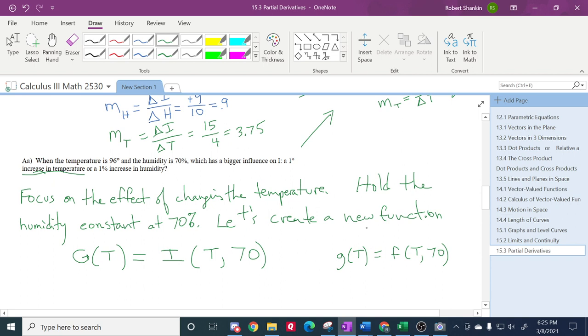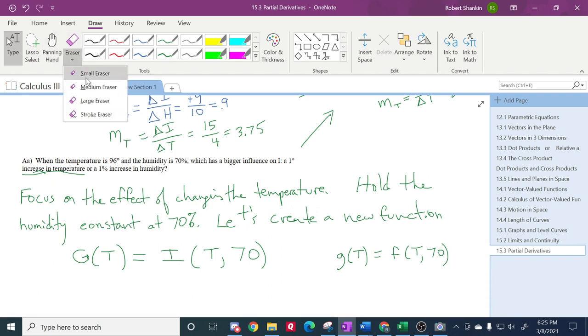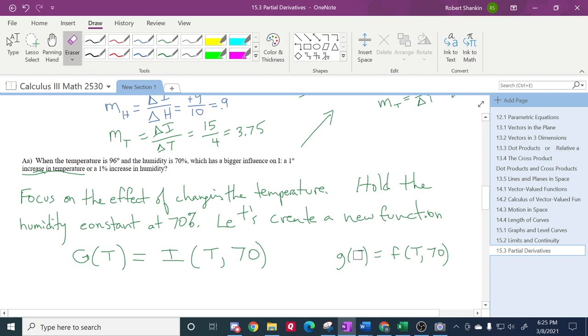But we could also be using the letters like this. And in general, when we're using G and F to get it in really comfortable letters, we might think of X and Y, where X is the temperature and Y is being held constant.